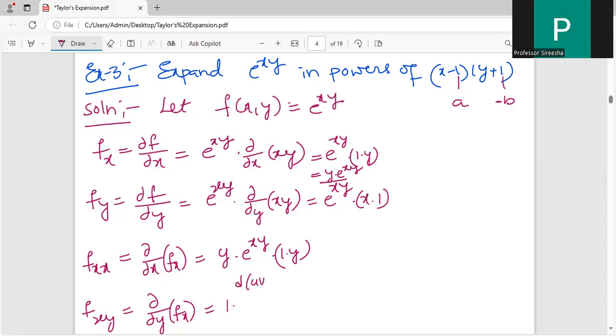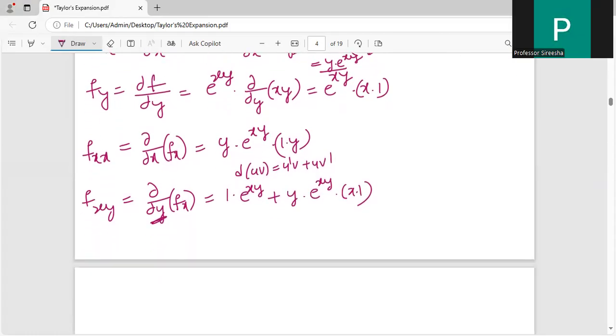Derivative of uv would be what? u prime v plus uv prime, right? So derivative of y would be 1, e power xy is as it is, plus, in the place of u I have y, e power xy derivative is e power xy only. Xy I'll be differentiating with respect to y, so I'll be getting x into 1. That would be my fxy.